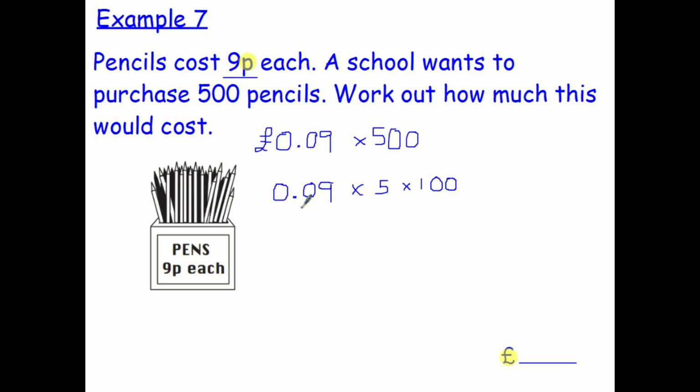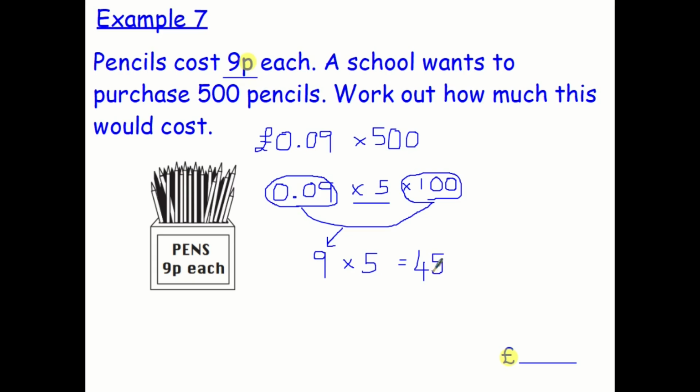So if I do this bit, 0.09 multiplied by 100 is just 9. So that just becomes 9. And now all I need to do is multiply it by 5. Well, that's a nice easy one because 9 times 5 is 45.